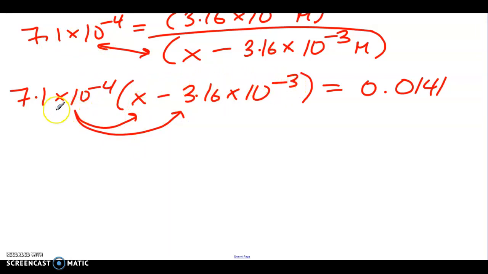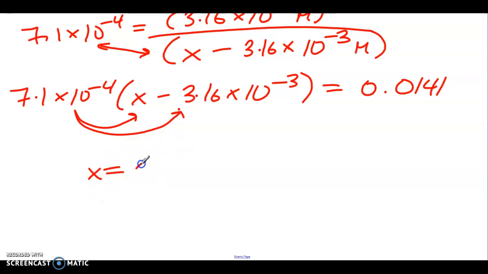So it becomes 7.1 times 10 to the negative 4x minus 7.41 times 10 to the negative 4 times this value, okay? And then of course you move, I'm not sure if you need me to show you all of the steps here, but please, this is the biggest error I see. And then you want to collect like terms on the other side. You should end up here. Please let me know if you have problems with this. We'll go over this again tomorrow.